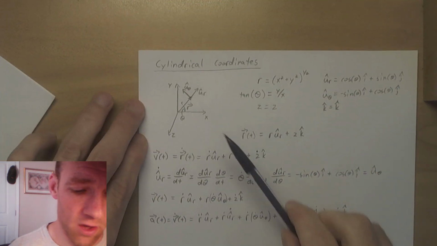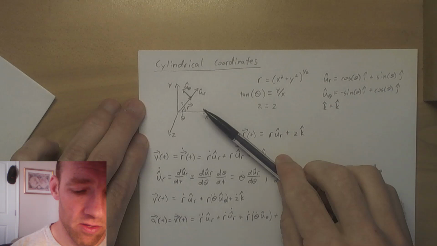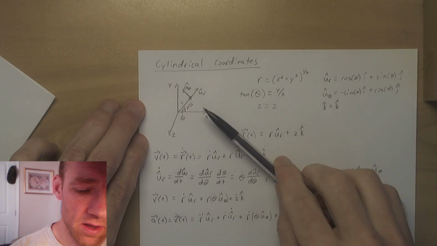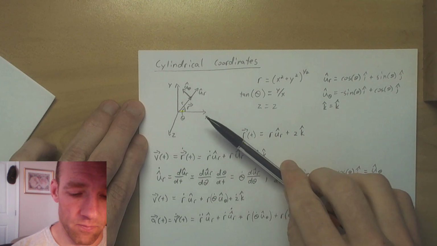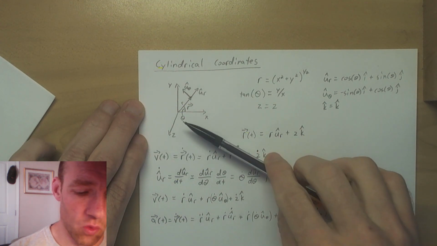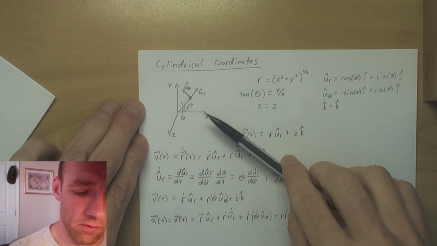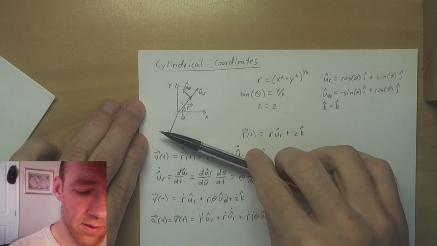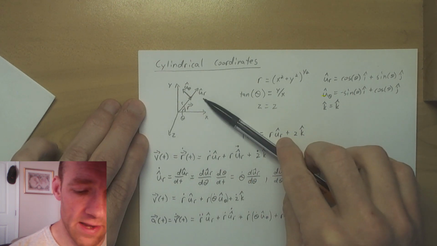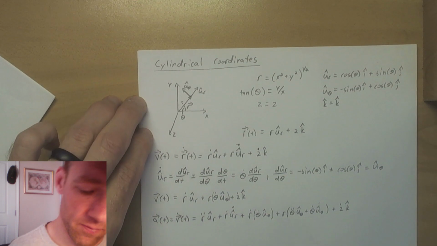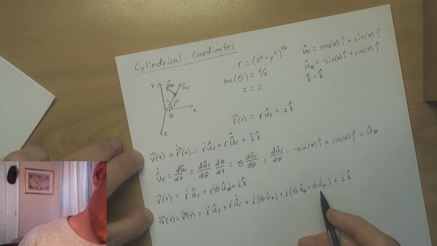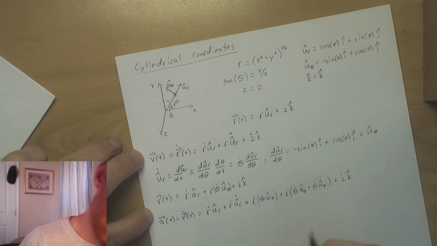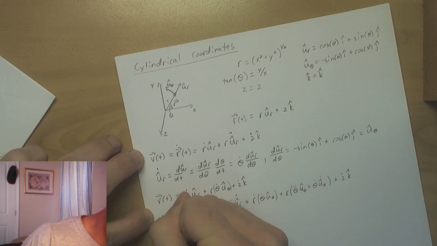But you can kind of tell what's going to happen here, right? As theta increases, the tip of u sub theta is going to turn in the direction towards the origin, right? Well, towards the origin is going to be negative u sub r. But just to be explicit about it, let's go ahead and calculate it.